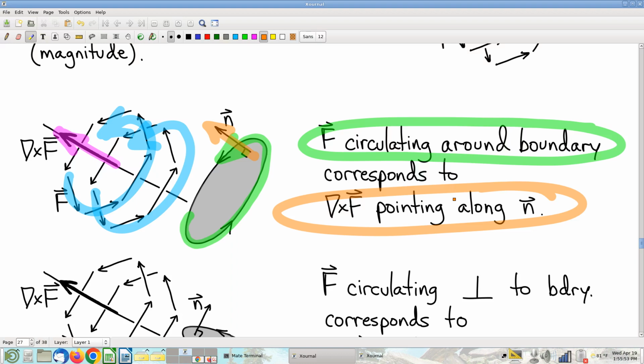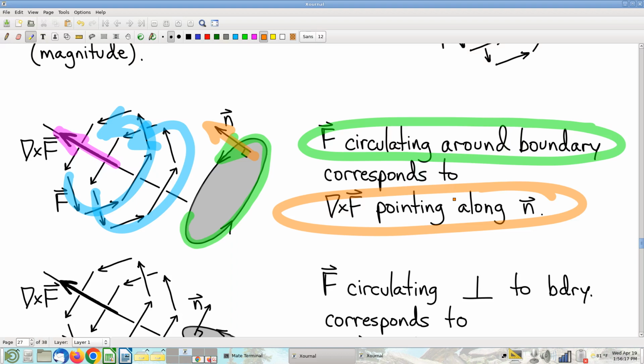If the rotations line up, then the vectors perpendicular to them also kind of line up, right? So lots of circulation that we're measuring with the fluid going around the boundary lines up with lots of dot product between those two vectors.